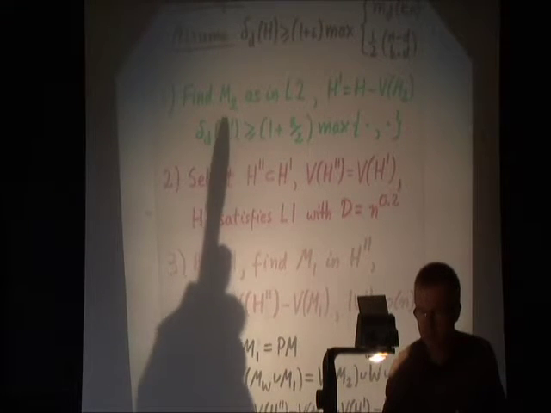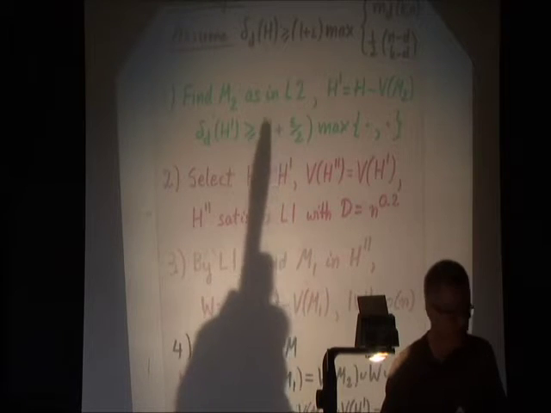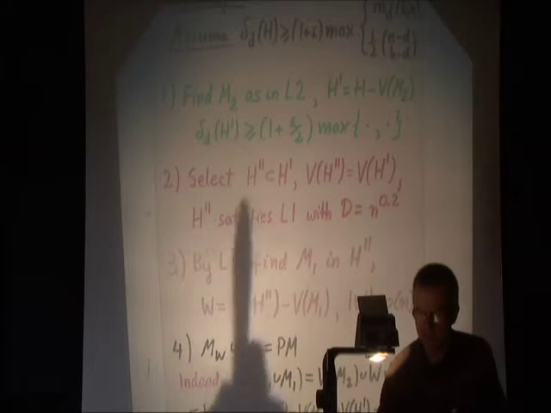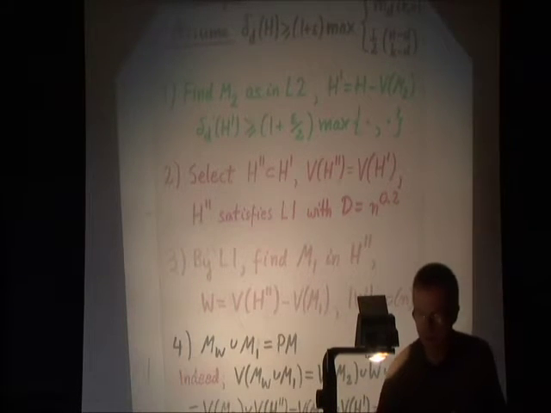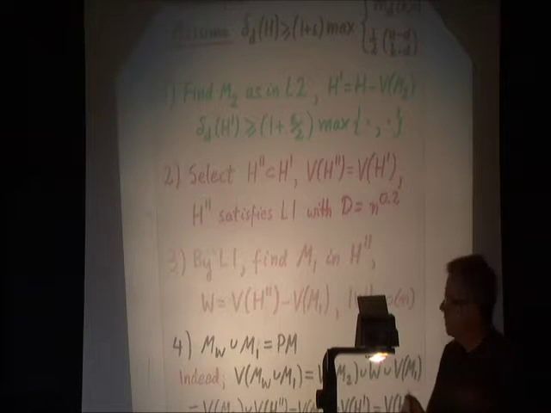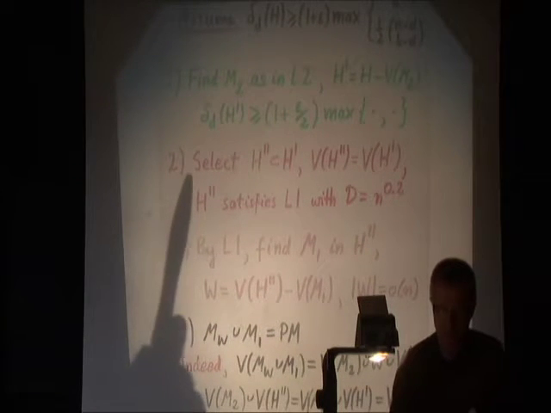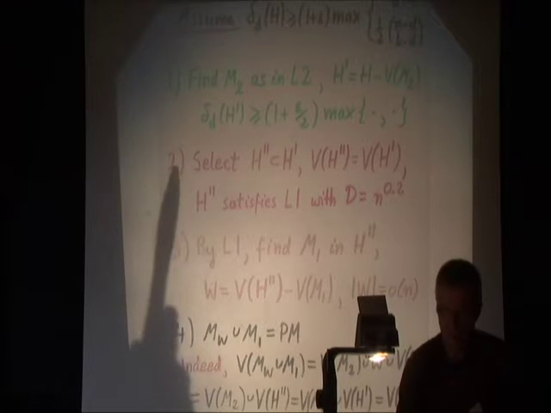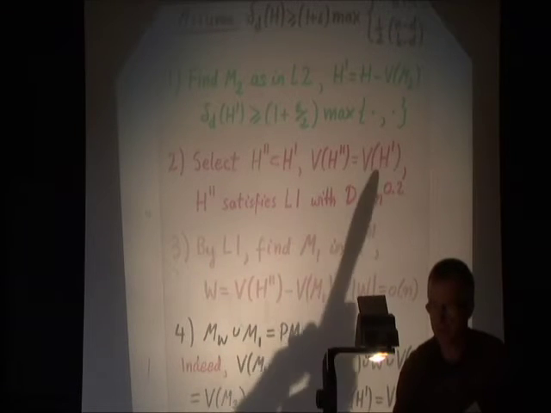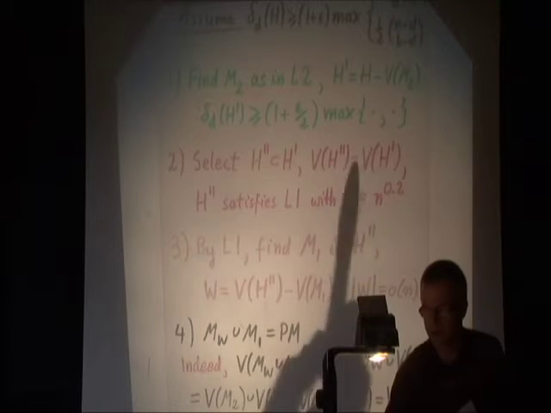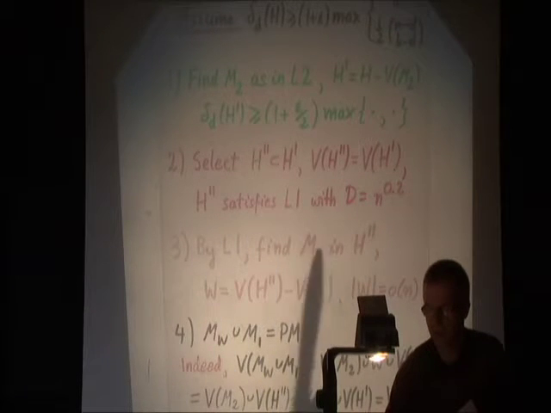We find the absorbing matching. Still, we have a large degree because it was so small. Then we have to find, and this is where we are using coins, a spanning sub-hypergraph, same vertex set, which satisfies lemma 1 with, say, d.